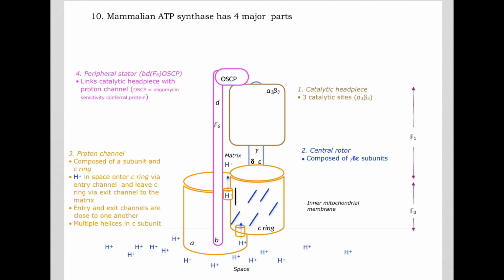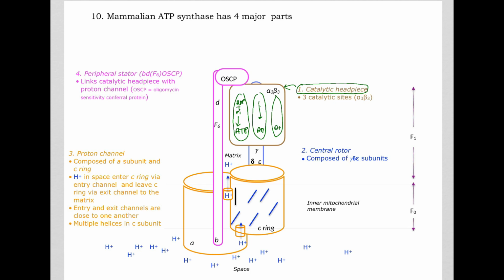First, a little bit about the structure of ATP synthase. This enzyme has four major parts. The first part is the catalytic headpiece. There are three sites here that can catalyze the reaction ADP plus Pi gives you ATP.